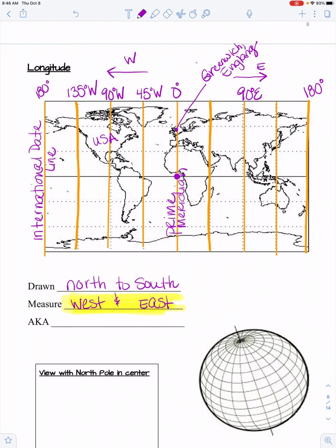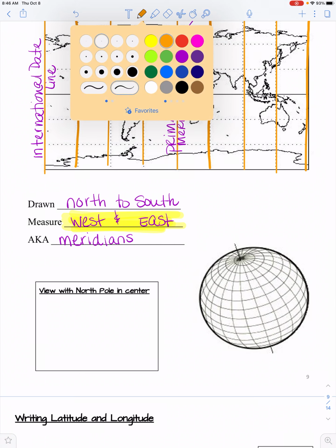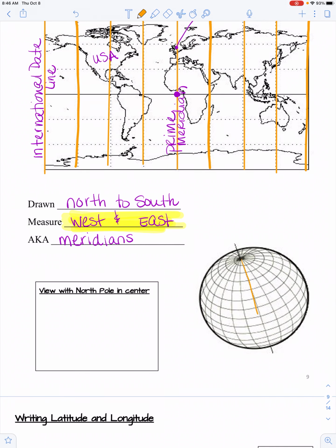And these are also called, instead of longitude, sometimes meridians. And these are our lines of longitude.